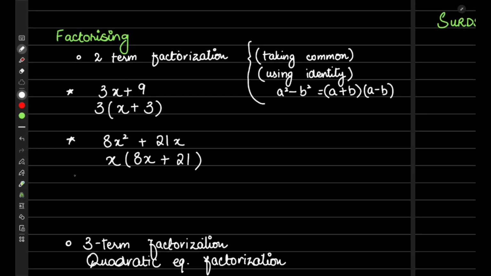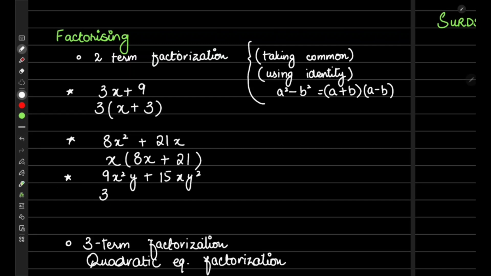Let us take one last type of example for these two-term brackets, where you can take the number and the variable both common. So let's take 9x square y plus 15xy square. Both have a common factor 3, so we can take 3 common.